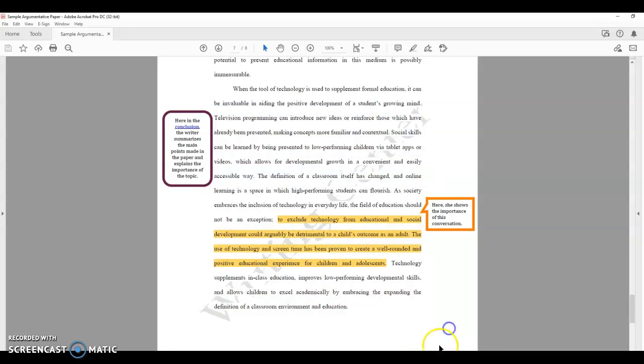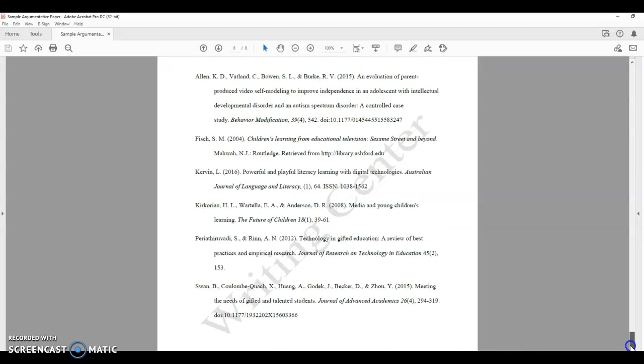And she ends her conclusion almost by restating her thesis statement as a way to make a strong statement. So that's one strategy for concluding the conclusion, which is to make a strong statement. Other strategies for the final part of the conclusion would be to make a prediction or to make a call to action.